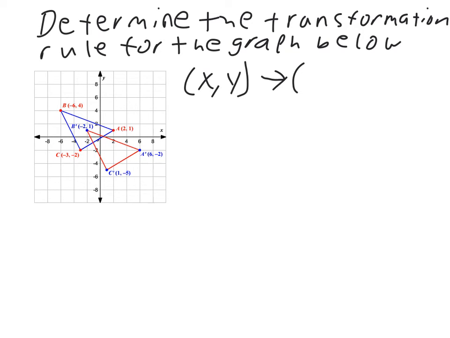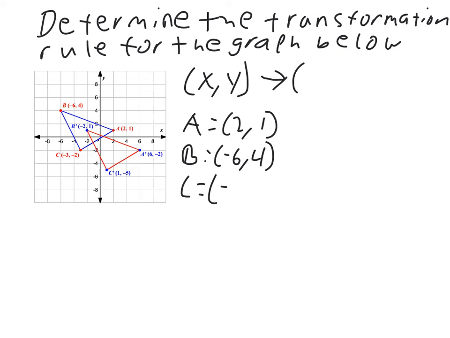So to start this, let's write down what points we have. A is the point (2, 1), B is the point (-6, 4), and C is the point (-3, -2).